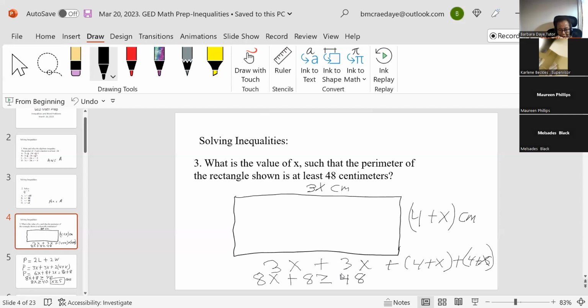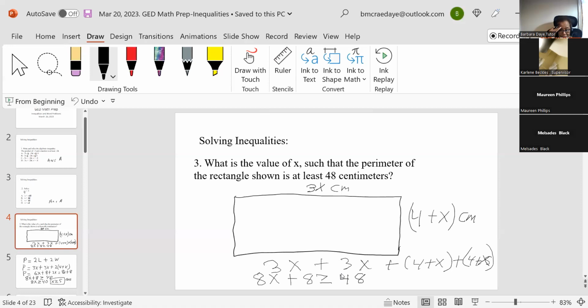That's right. Mercedes, tell me what do you get? I'm getting 40. Okay, 8x greater than or equal to 40. So what is x for the inequality?